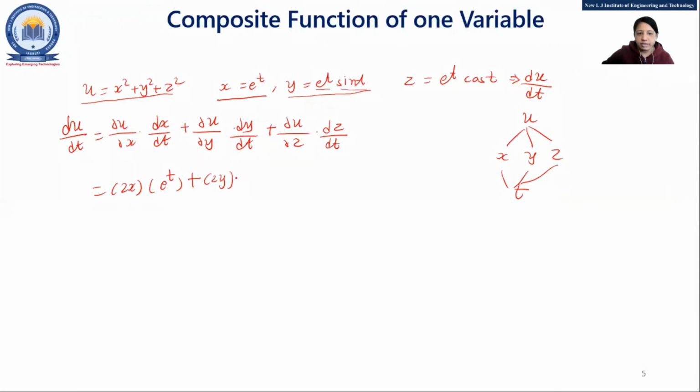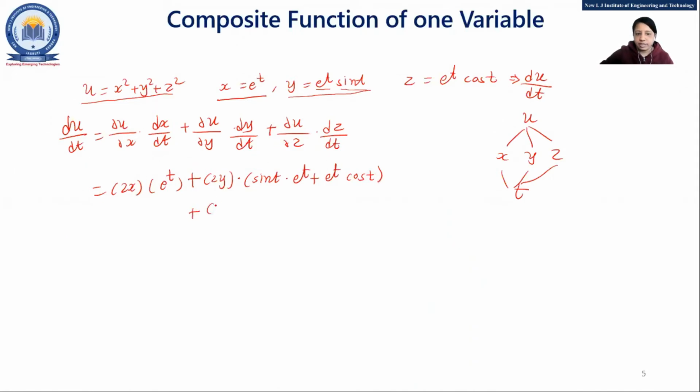So what I'll write, that is in another bracket. Sin t as it is, into e raised to t, plus e raised to t as it is, and sin t becomes cos t. So this is the differentiation. Now for z, I'll write here.